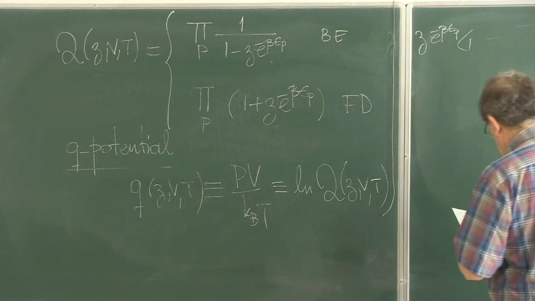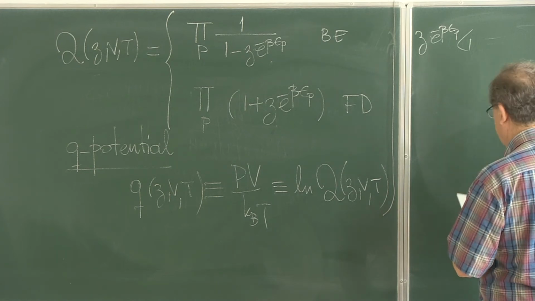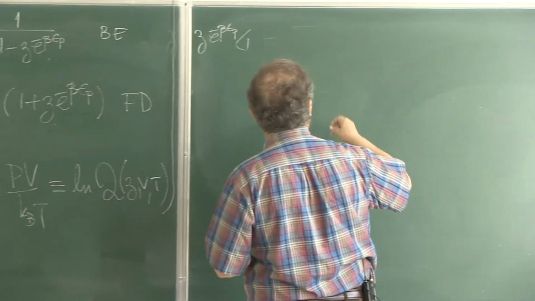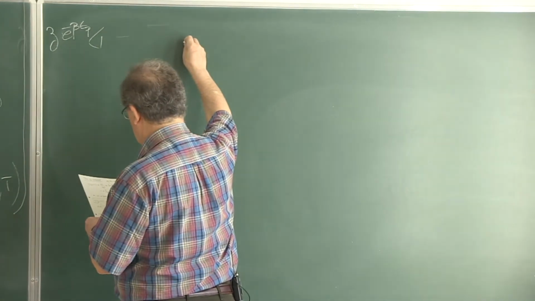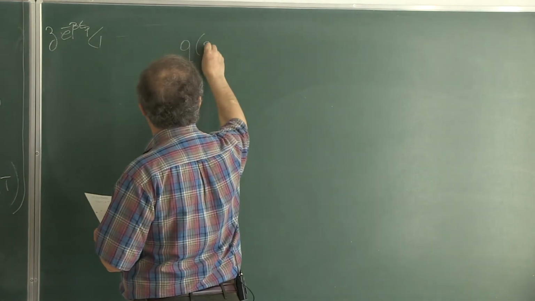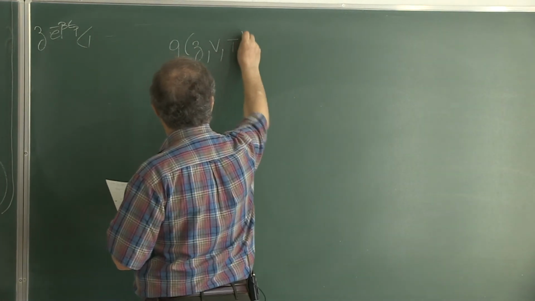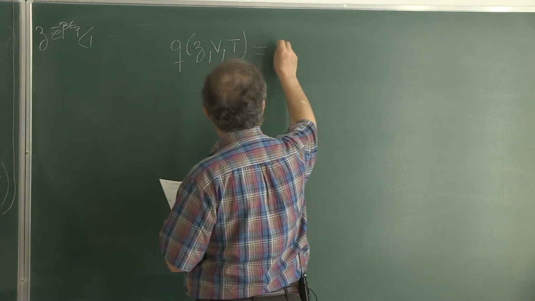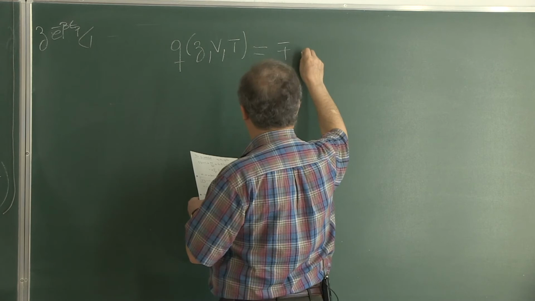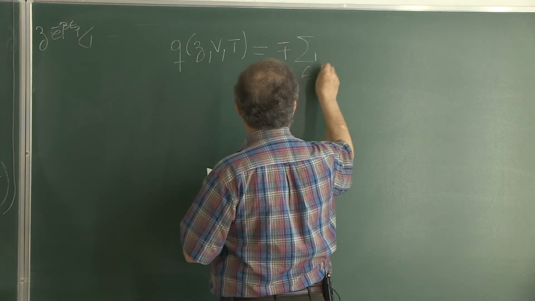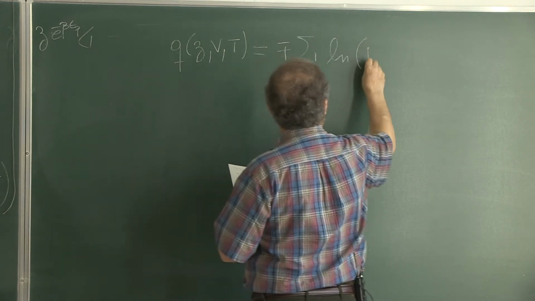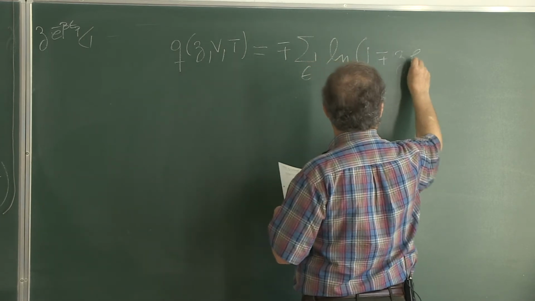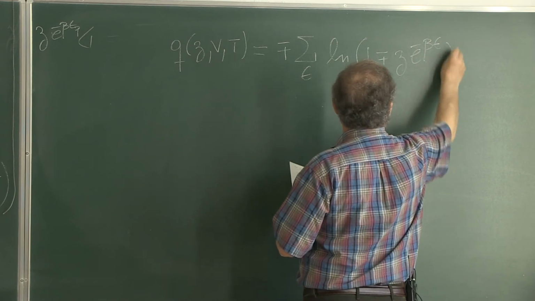So here is the result. This Q potential can be written as, in general form, plus or minus the sum over all energies of ln(1 minus/plus z e to the minus beta epsilon).